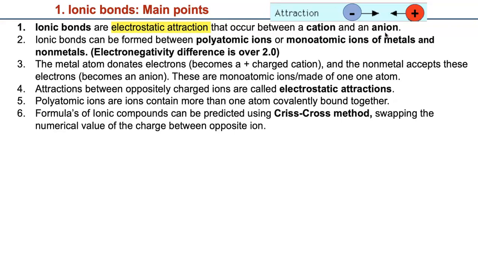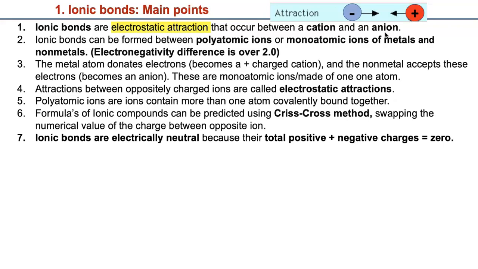Formulas for ionic compounds can be predicted using the criss-cross method. I will teach you what that is. Basically, you swap the numerical value of the oxidation state or the charge between opposite ions. Ionic compounds are electrically neutral because their total positive and negative charges equal 0.